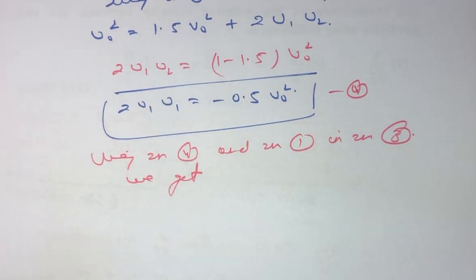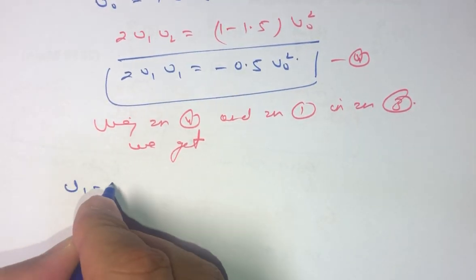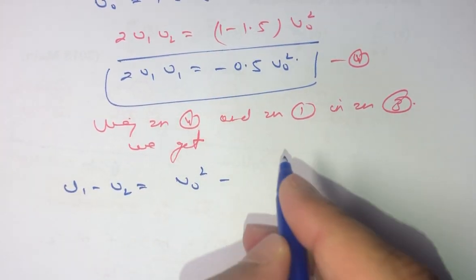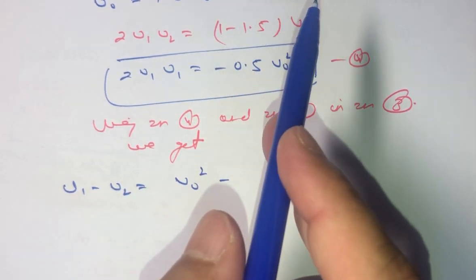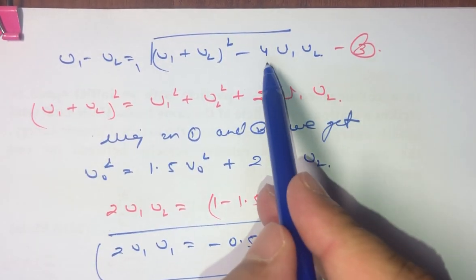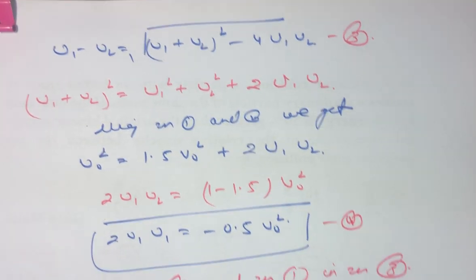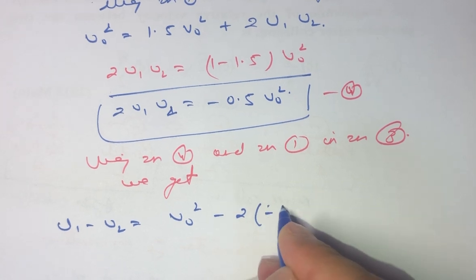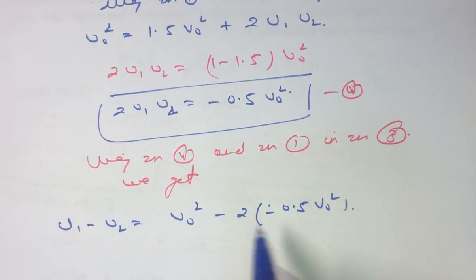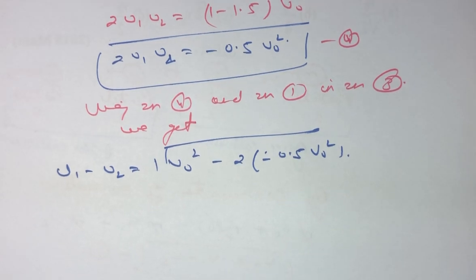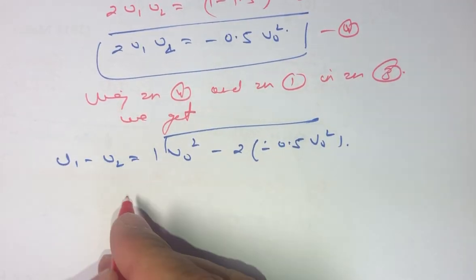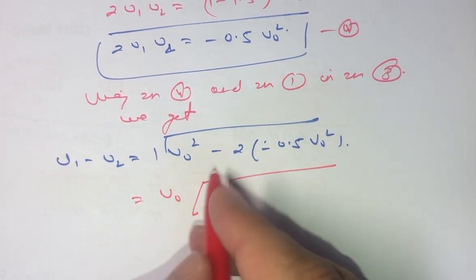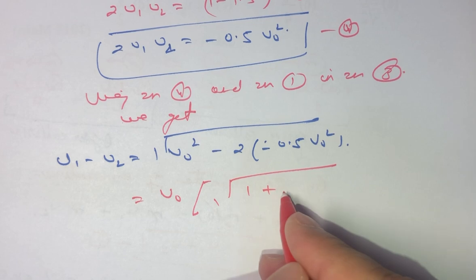We get v1 minus v2, and v1 plus v2 is v0, so this is the square root of v0 square minus 4 v1 v2, which can be written as 2 into 2 v1 v2, this will be twice minus 0.5 v0 square. v0 we can take as common, so this will be v0 times the square root of what is left inside, 1 plus 1.